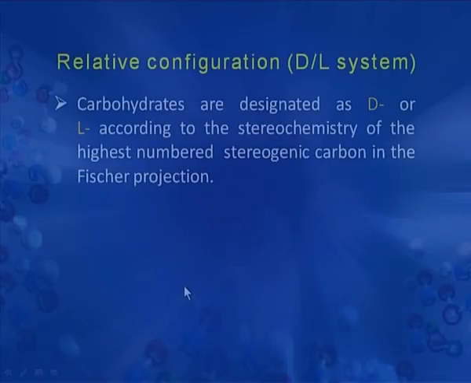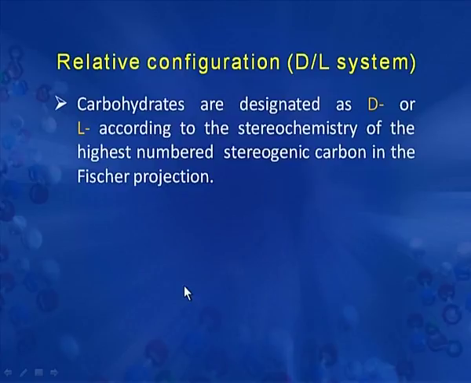This system was mainly used for carbohydrates. It was given by Fischer, who was working on carbohydrates, and carbohydrates are designated as D or L according to the stereochemistry of the highest numbered stereogenic carbon.